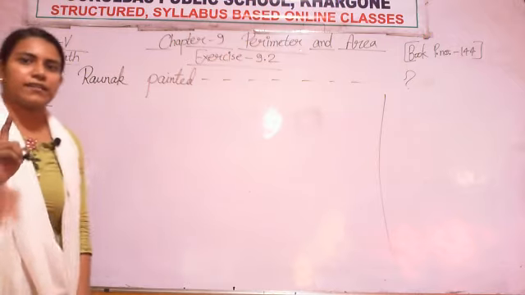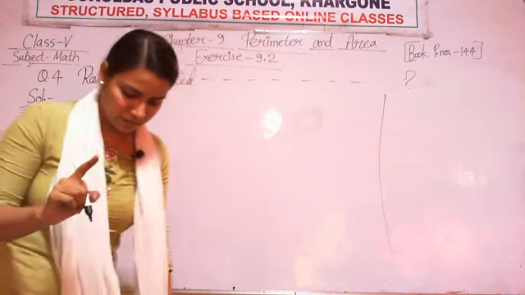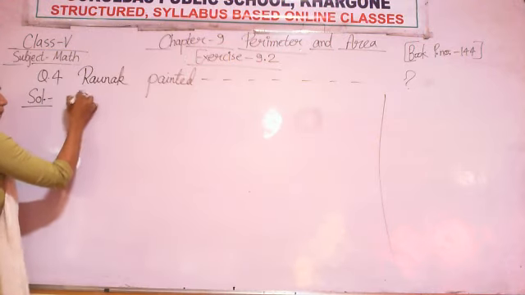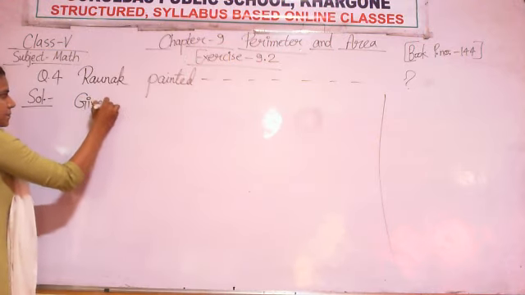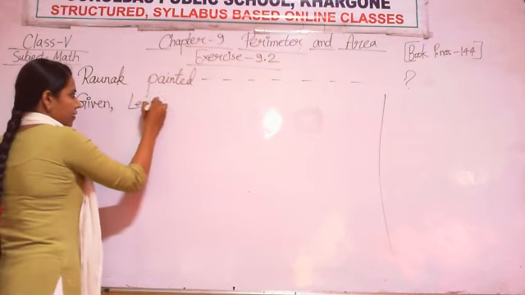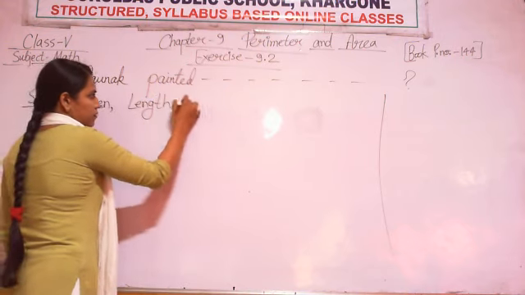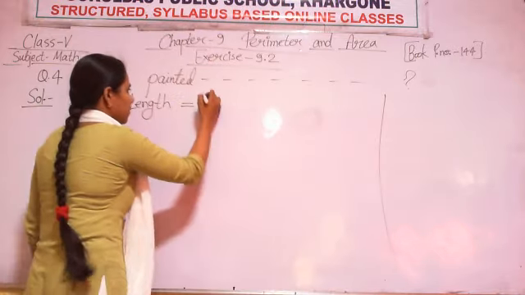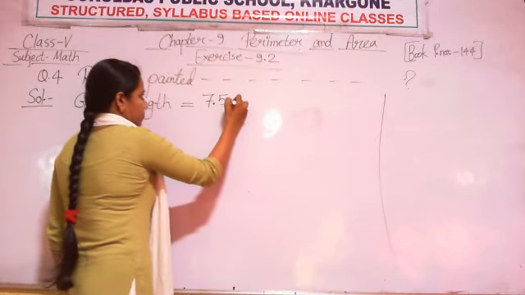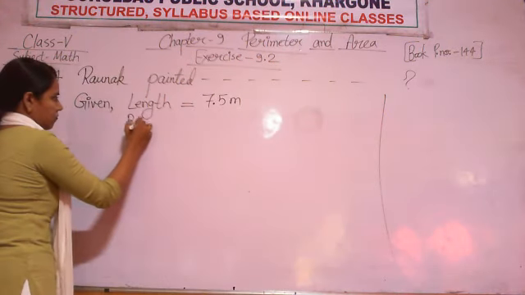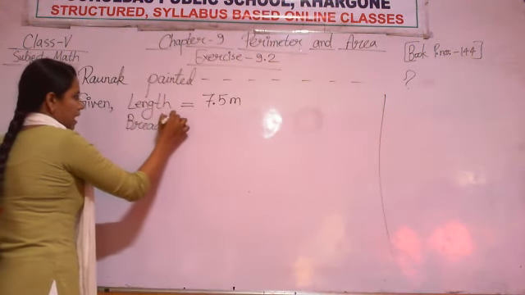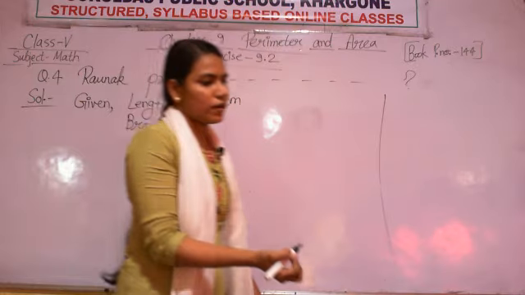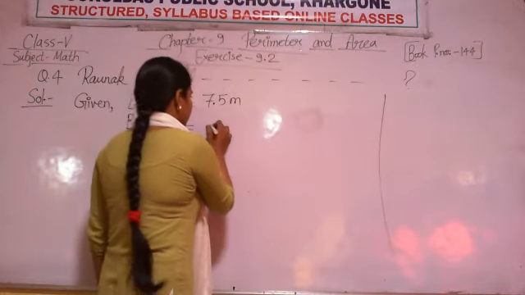First we will calculate the area for one wall. Okay. Length of wall is 7.5 meter and breadth of the wall is 4.4 meter.